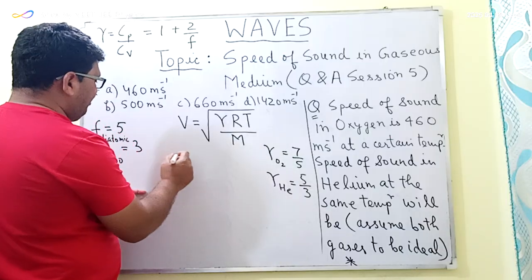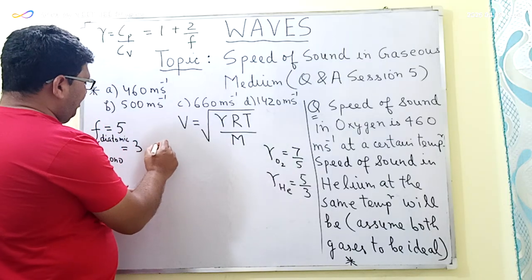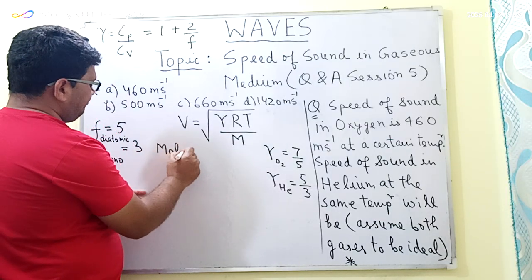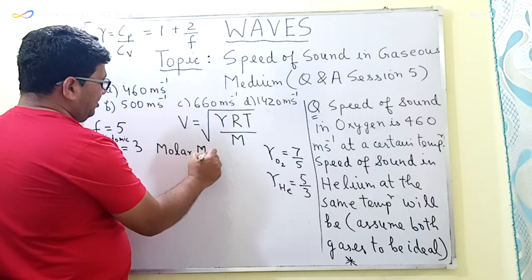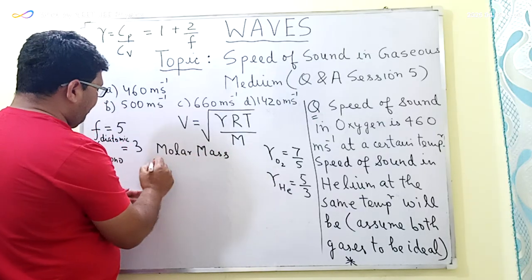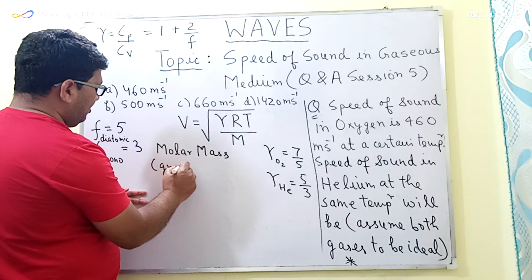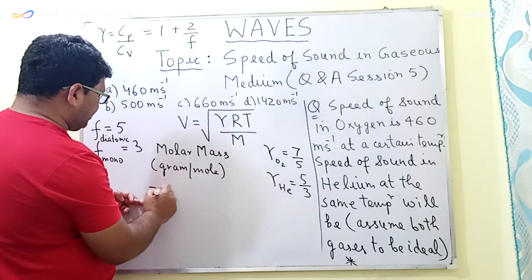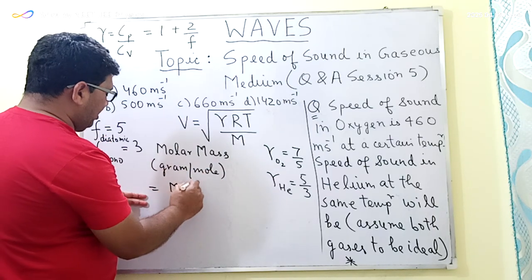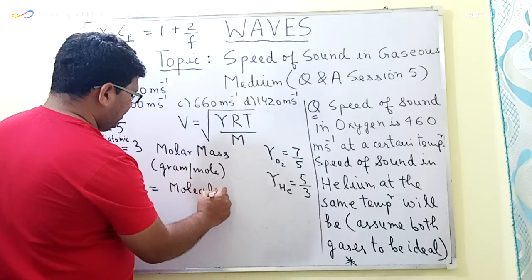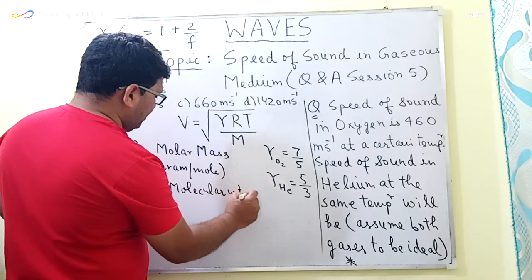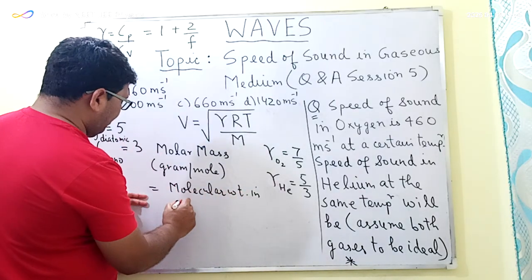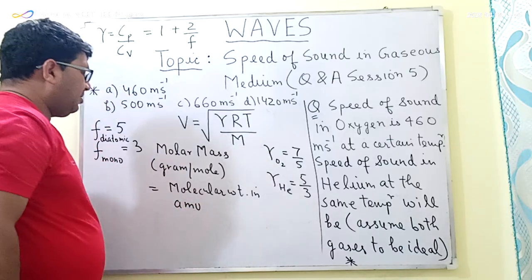Now M, the molar mass. The molar mass is expressed in gram per mole, and this is also equal to the molecular weight in AMU, that is atomic mass unit.